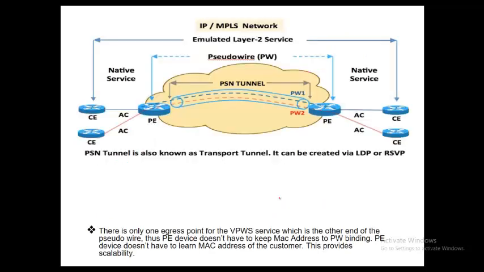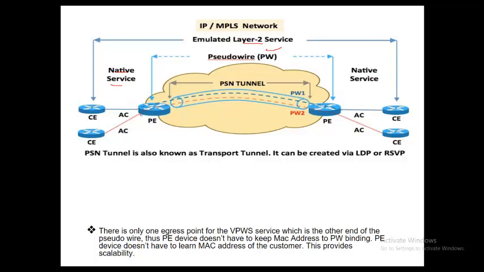Okay, here we can see pseudo wire or virtual circuit, layer 2 tunnel, transport tunnel. Now this is a normal CE router sending packets, and the traffic enters the AC.